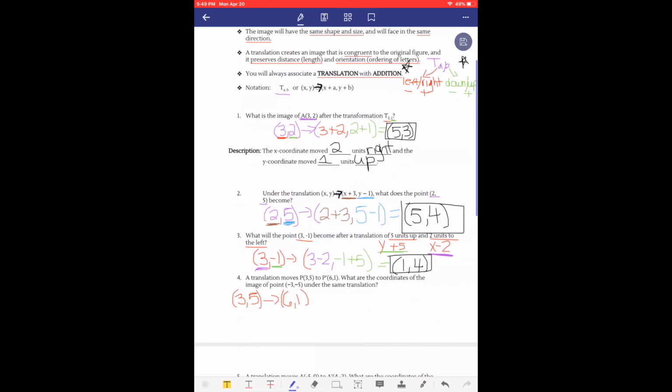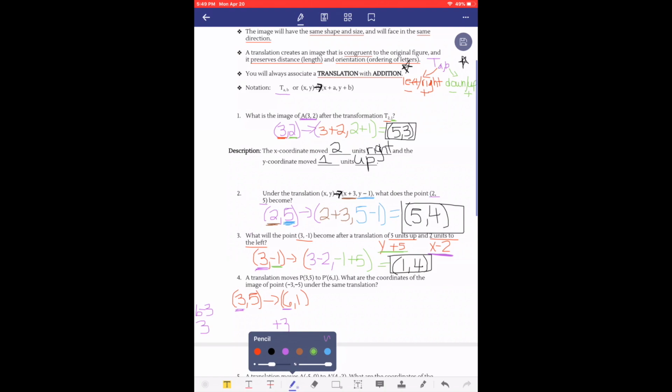So looking first at the x values, it was 3 and then it became 6. So the opposite of addition, which we normally do for translations, we're going to do subtraction. 6 minus 3 is 3, which means that I added 3 to the x value.